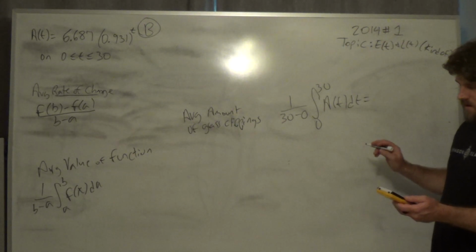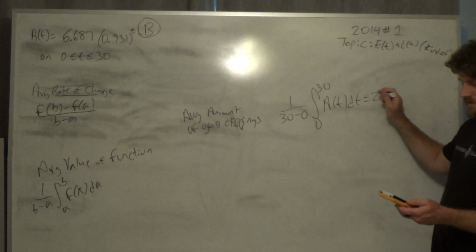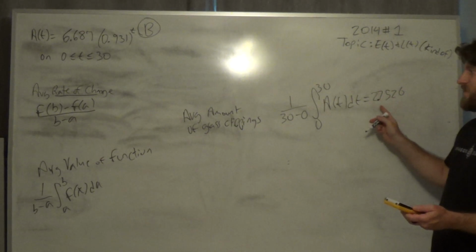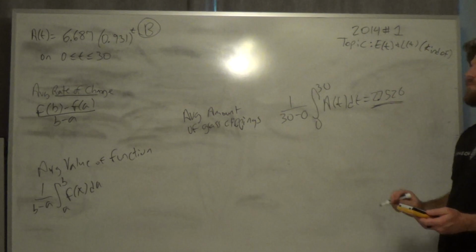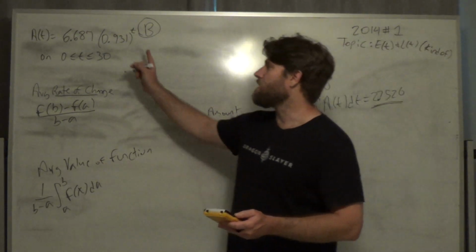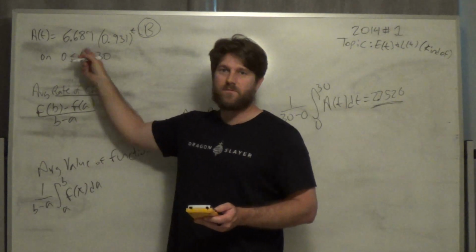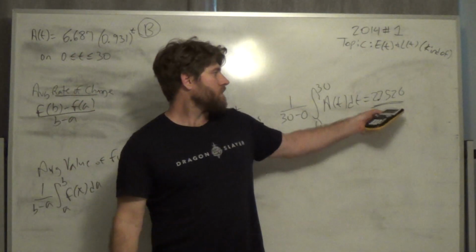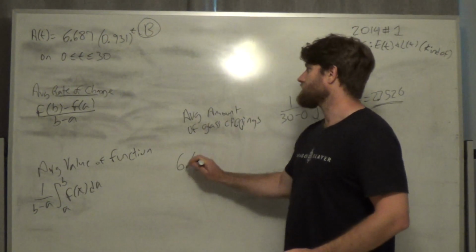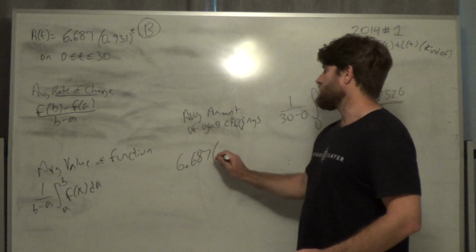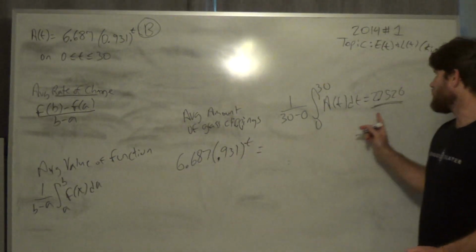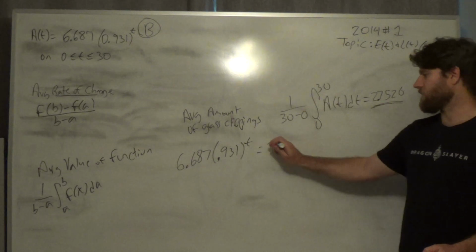Alright, and this gives me 2.7526-ish. That's the average amount of grass clippings. The question is, when will the amount of grass, this is the equation for the amount of grass, equal the average amount of grass?